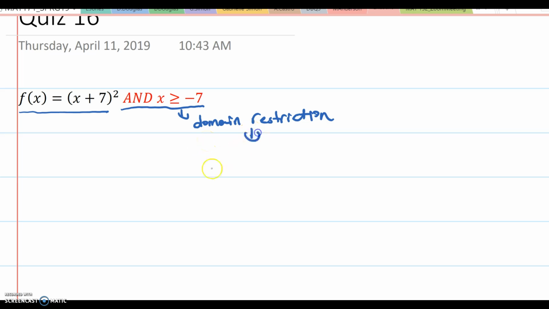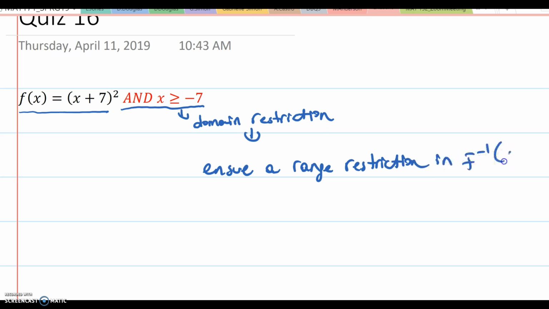This will ensue a range restriction in f inverse of x, right? That is a must, because what do we know?